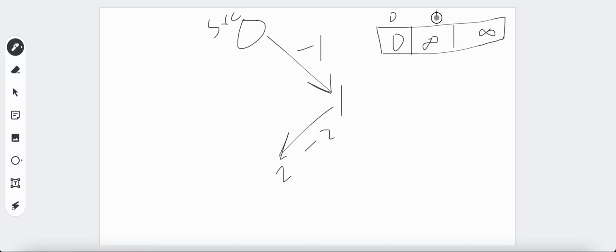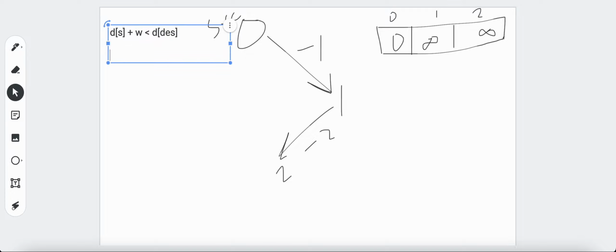So 0, 1, 2. Now what is our relaxation step? Let me write that once more: d of source plus weight is less than distance of destination.